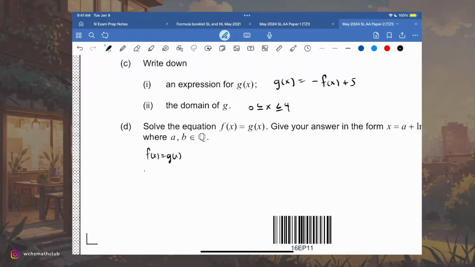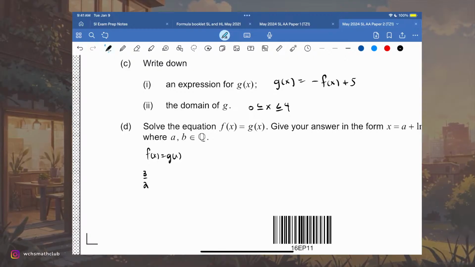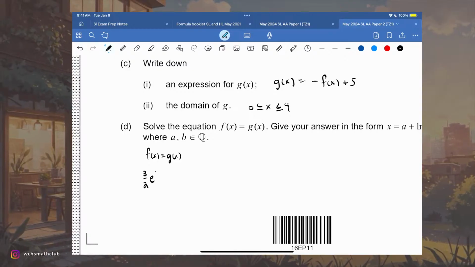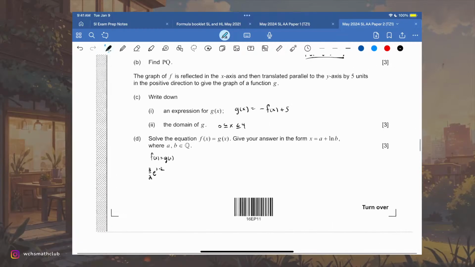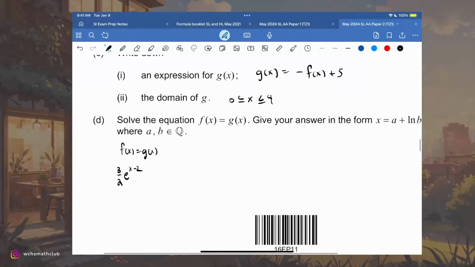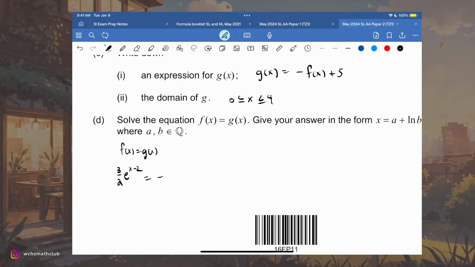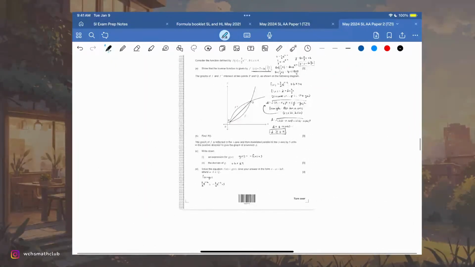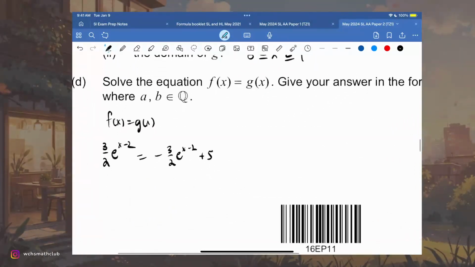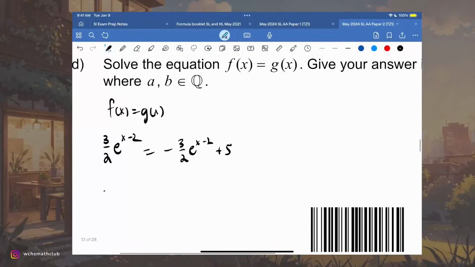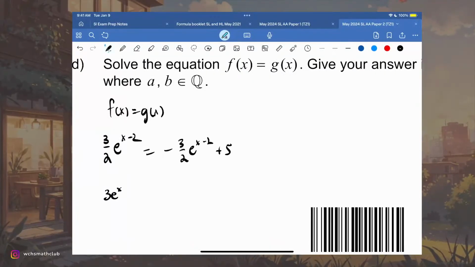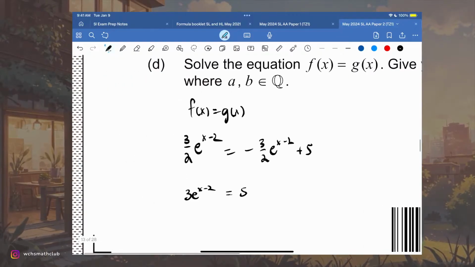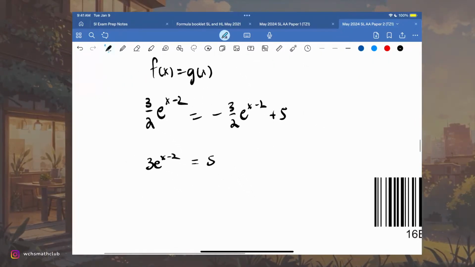So from our questions above, this is 3/2 e^(x-2) = -3/2 e^(x-2) + 5. So from this, what we know is that 3e^(x-2) = 5, because these will just add and then cancel the 2 from the bottom.